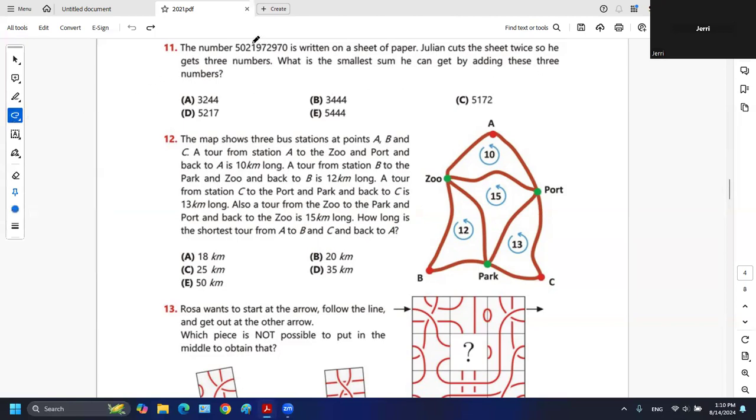So first, there's 3 ways to split it. First one is like this, and then we'll add them together.